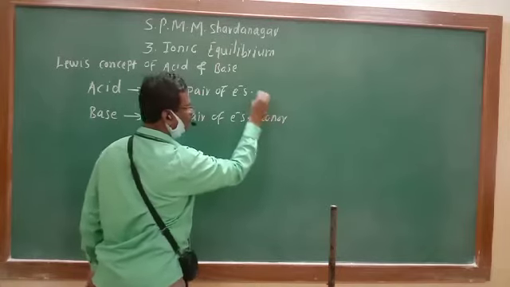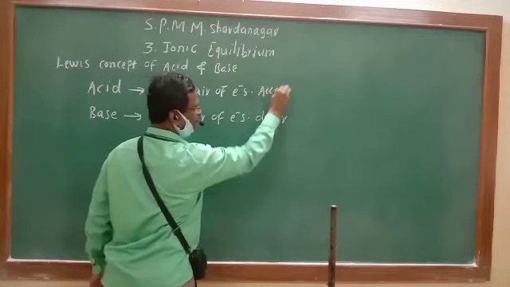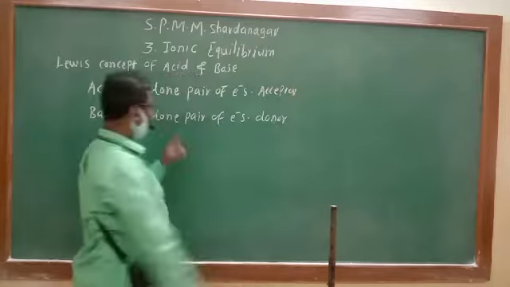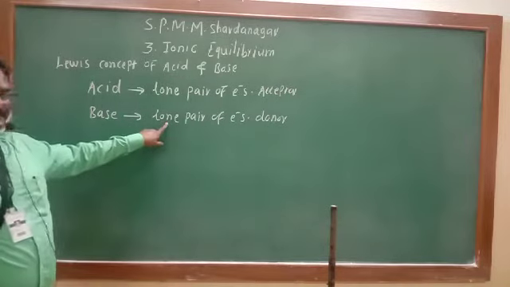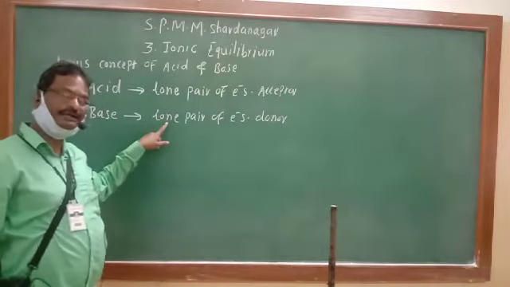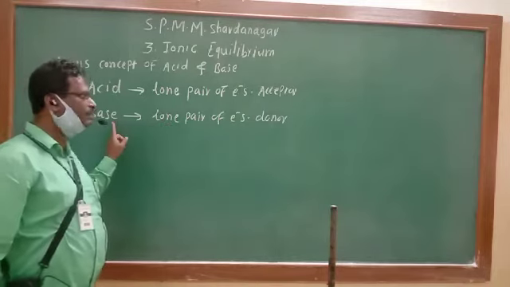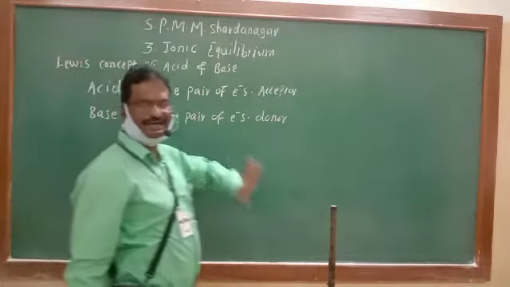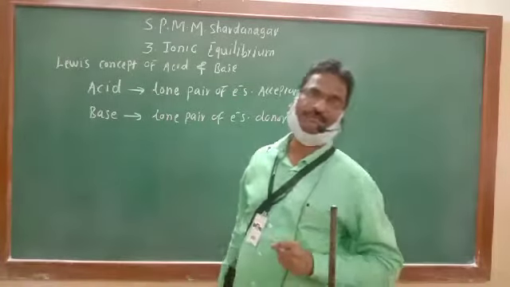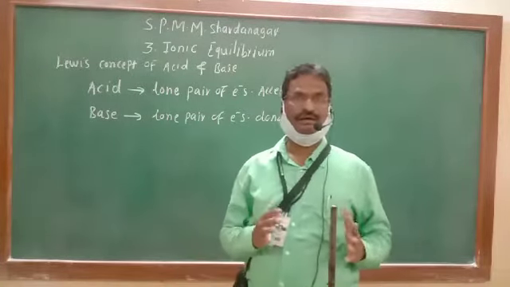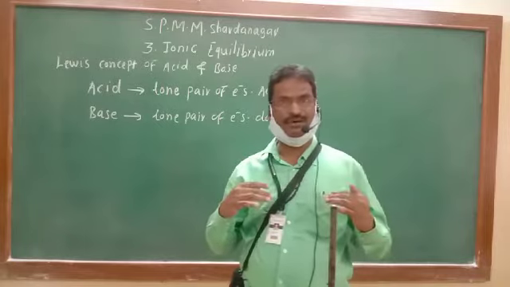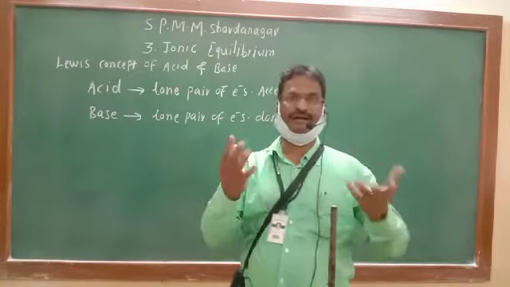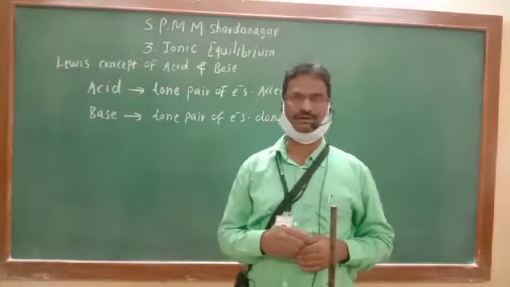This is the donor and this is the acceptor. So acids and bases are defined on the basis of whether they are capable of accepting a lone pair of electrons or donating a lone pair of electrons.